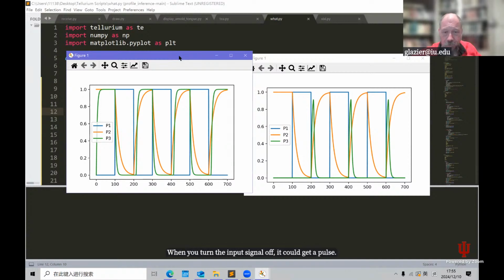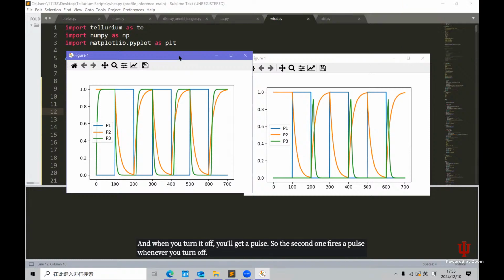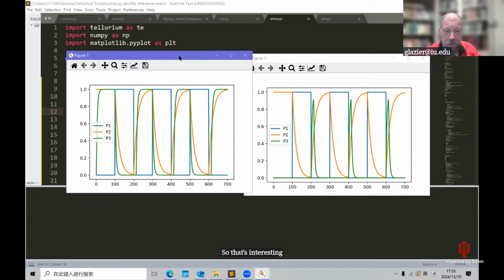For the second one, when the input signal is turned on, the output stays low, and when you turn it off, you get a pulse. So the second one fires a pulse whenever you turn off. So that's interesting. Okay, which one was the one on the right?